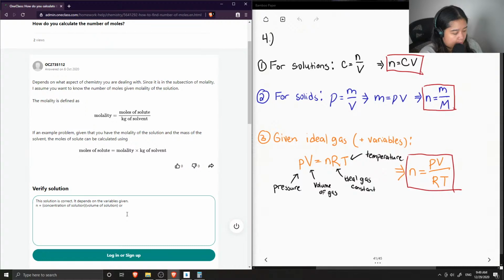Or number of moles can be equal to density of a solid times volume over the molar mass.